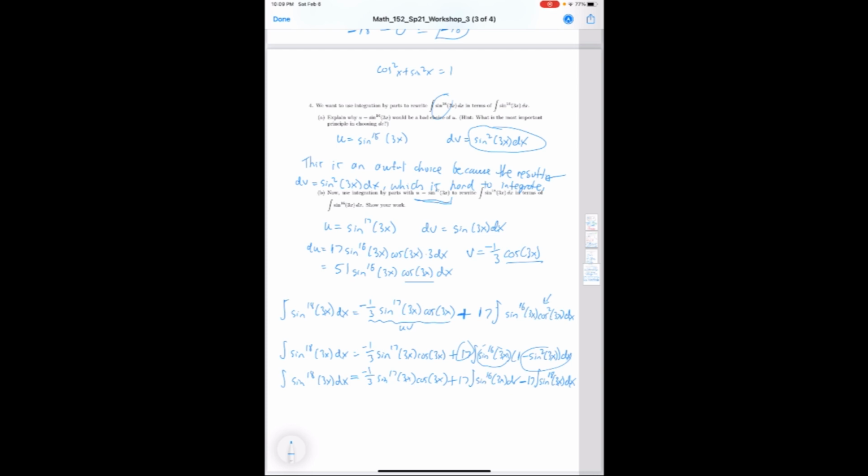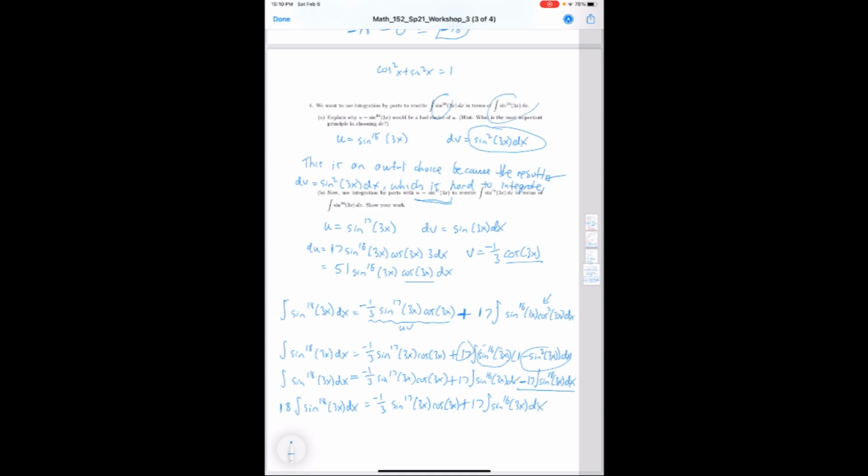So what I'm going to do is add 17 of that integral to both sides of the equation. That causes it to disappear on the right side, but on the left side it gives me 18 integral of sine to the 18th 3x dx equals negative 1/3 sine to the 17th 3x cosine 3x plus 17 integral of sine to the 16th 3x dx.